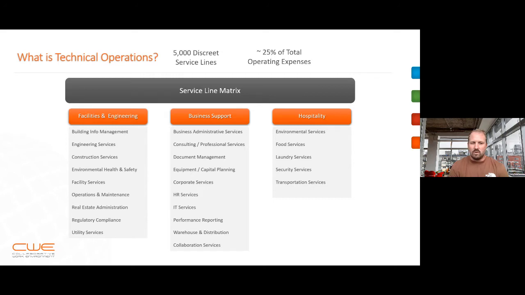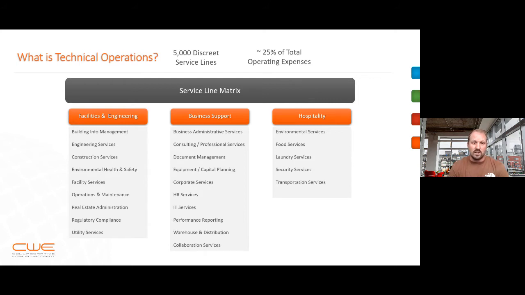We break this down into really 3 main categories: facilities and engineering, business support services, and hospitality services. Together, these 3 main categories break down into 24 primary service lines that you see in the buckets on the screen. And then for an example here, you may have food services, and under food services, you have cafeteria, and then you have vending machines.